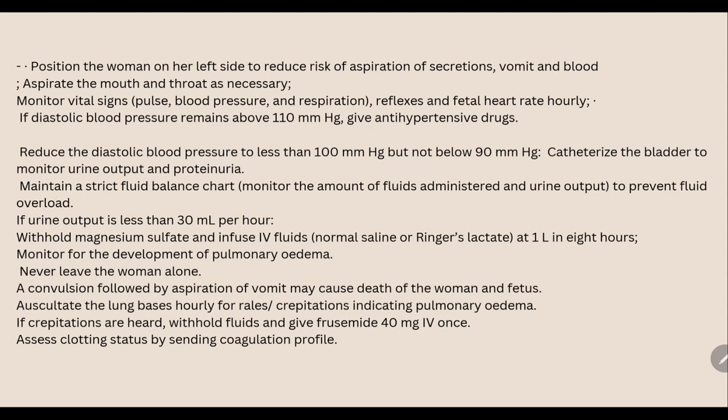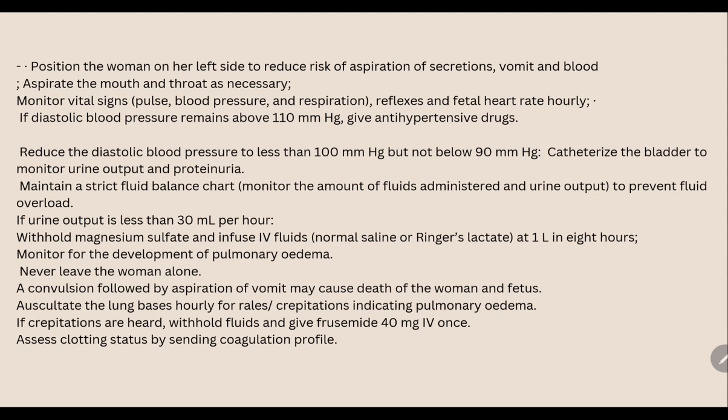Then monitor vital signs, pulse, blood pressure, respiration, reflexes, heart rate hourly. If diastolic blood pressure remains above 110 mmHg, give antihypertensive drugs. Reduce diastolic blood pressure to less than 100 mmHg but not below 90 mmHg.